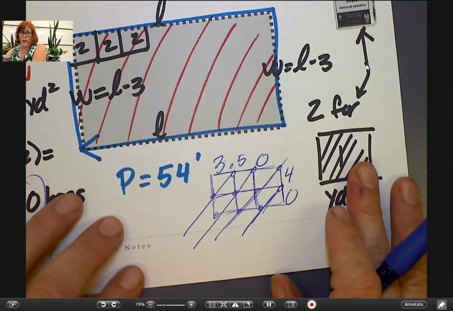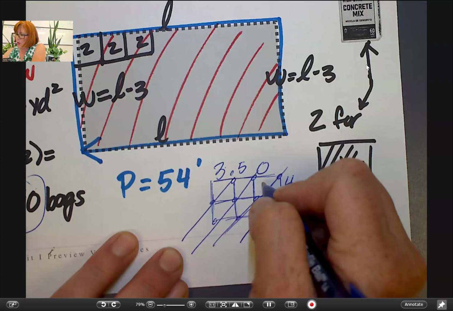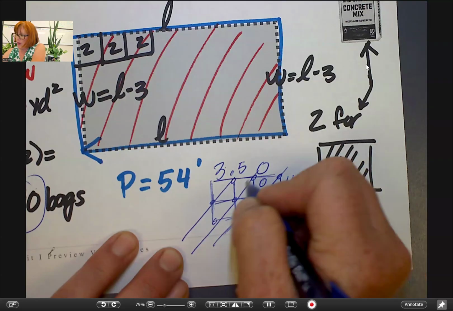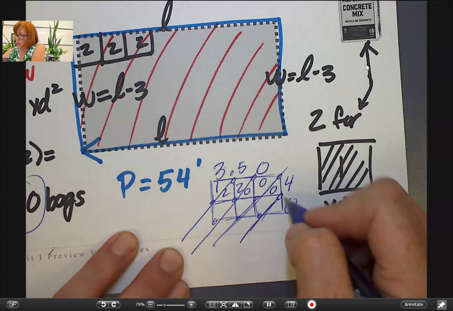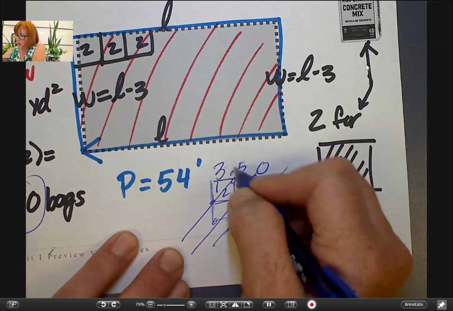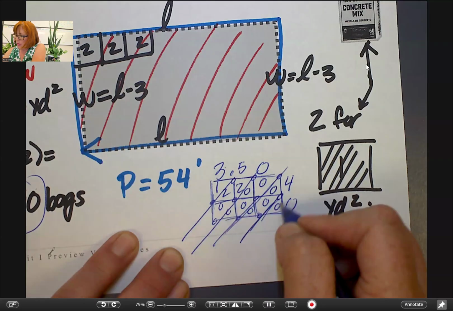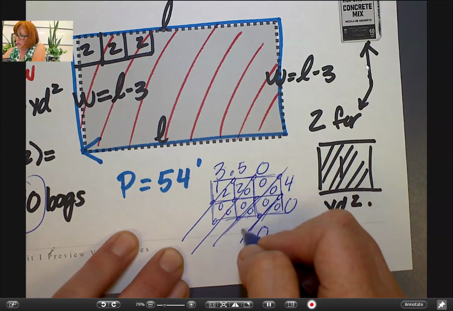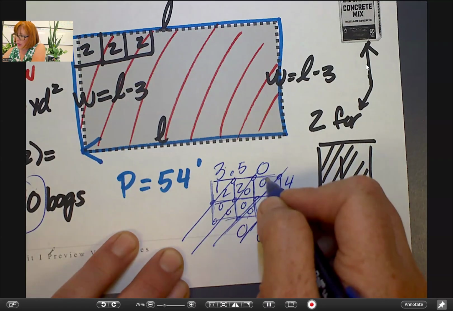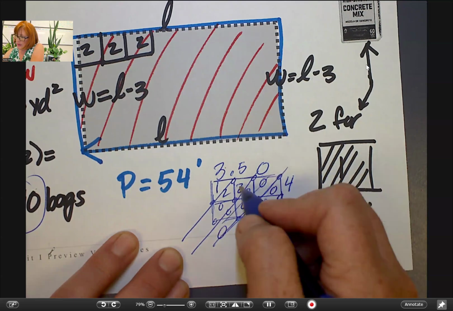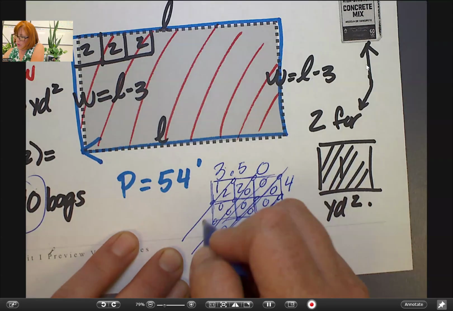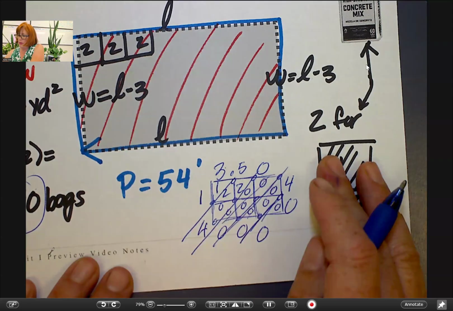Ready? 4 times 0 is 0. 4 times 5 is 20. 4 times 3 is 12. 0 times 0, 0, 0. So 0 there, 0 all along, 0, 4, 1.